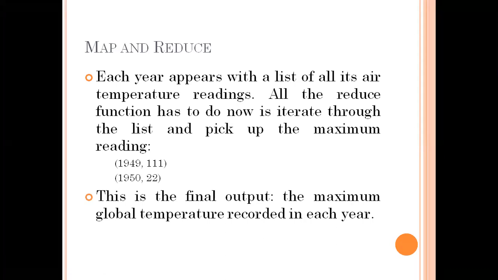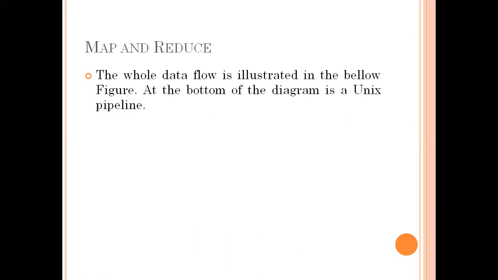The two years are 1949 and 1950. Here the whole data flow is illustrated in the figure. At the bottom of the figure we have a Unix pipeline. What is a pipeline? Instructions flow one to one, so the instruction flow we can call a pipeline.